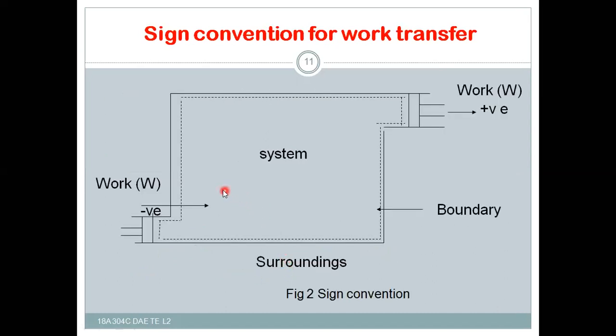So here you can see this is the system, and this dotted line is the system boundary. If work is entering into the system, that means work is done on the system by the surroundings, it is negative. Here work is done by the system as the piston is moving outward.